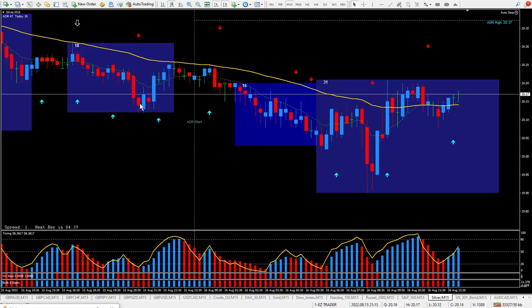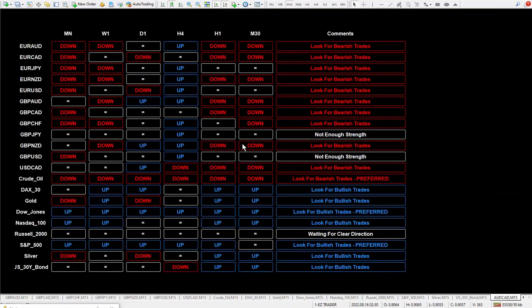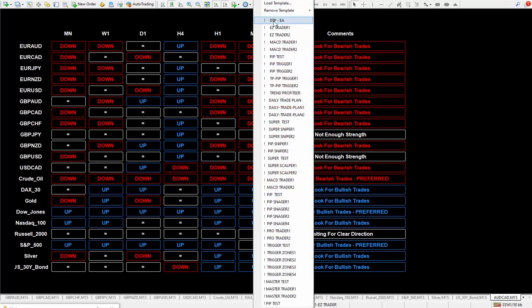Now remember, if you have a smaller account, just take the money, divide it by 500, and that's how many mini lots you can trade. So we are over 30 minutes. Just take one last look at this daily trade plan, as I nicknamed it, Daily Trade Plan EA.